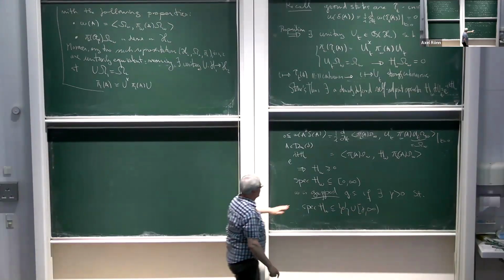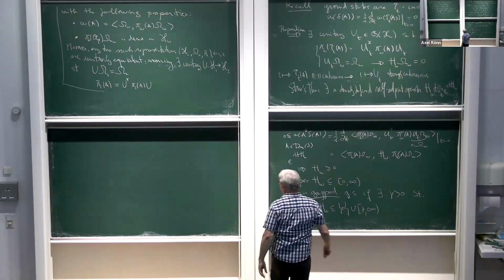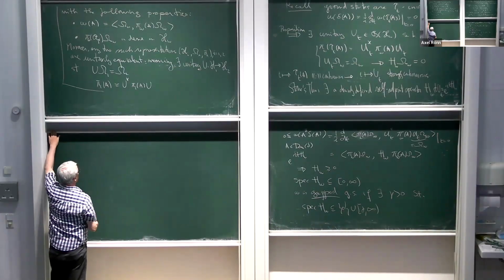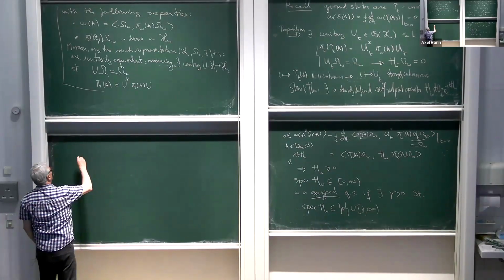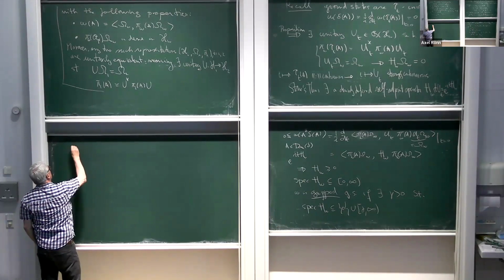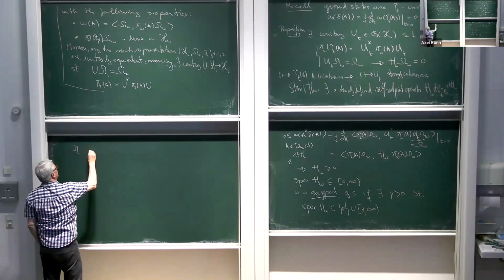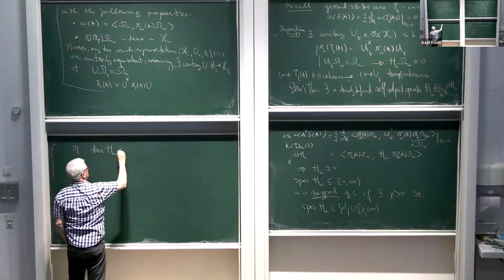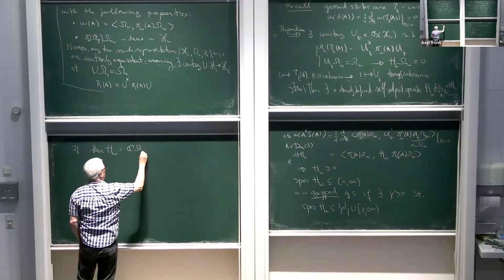So this is sort of the direction where we are expressing positivity, but I can also express a gap. Suppose for a moment that the kernel of delta is just the span of omega.